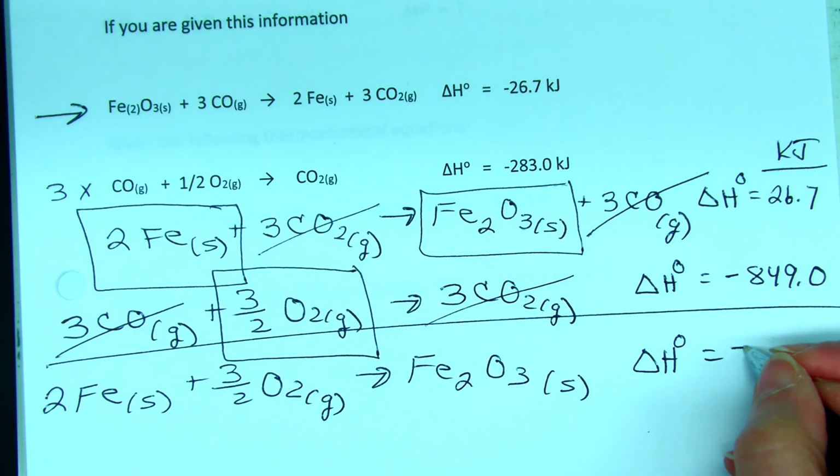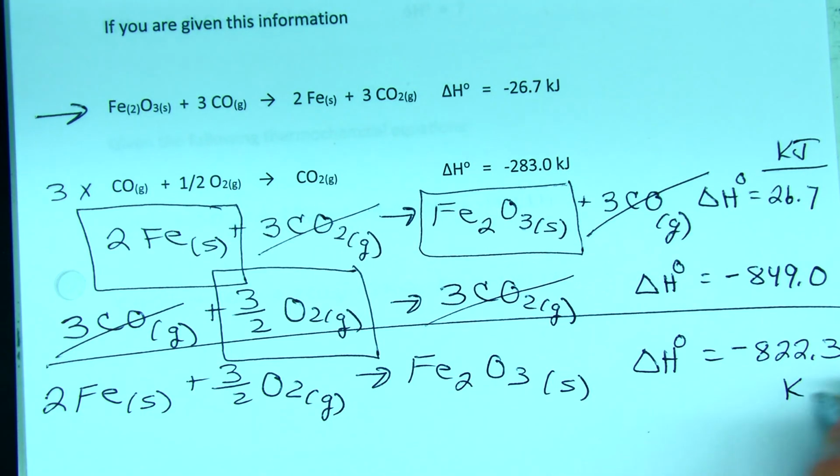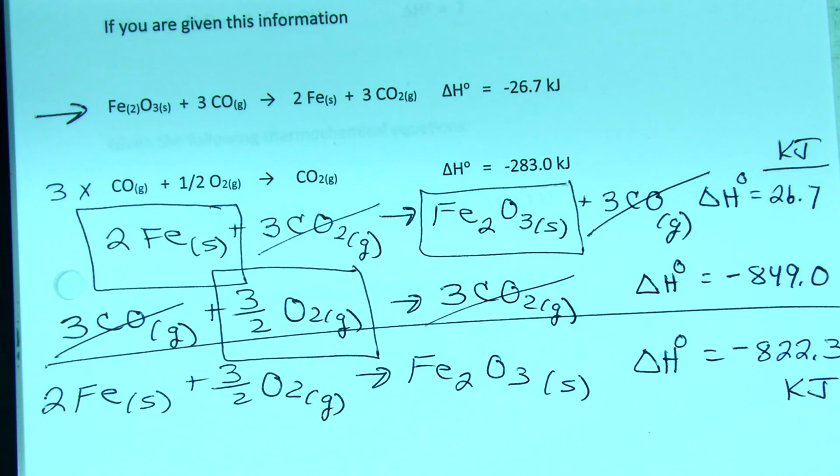So I get negative 822.3 kilojoules. I follow the rules for addition, preserving the place. So on a scale of 10 for difficulty, this was a 1. Okay? This was the simplest problem because we only had 2 equations to manipulate and we got exactly what we needed and everything canceled.